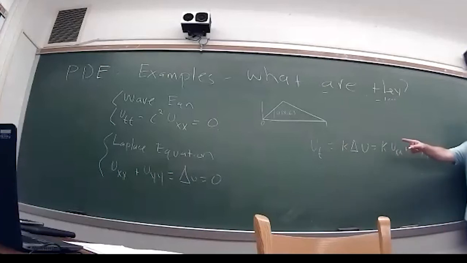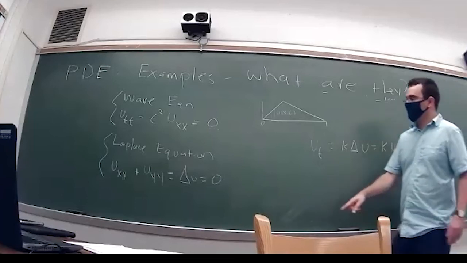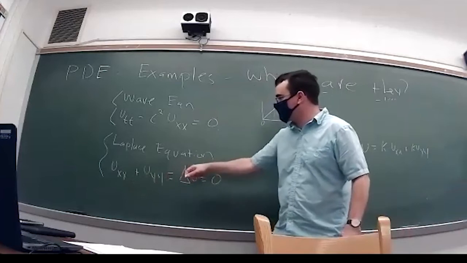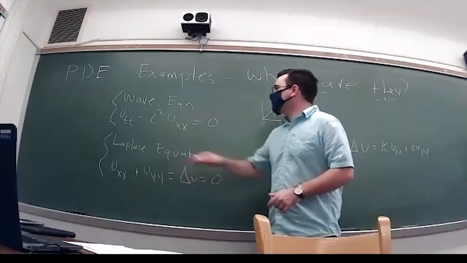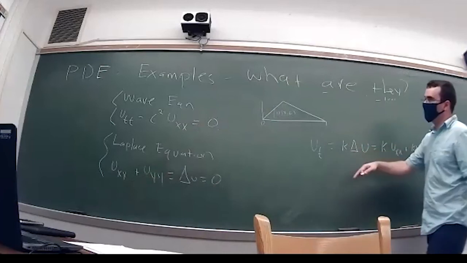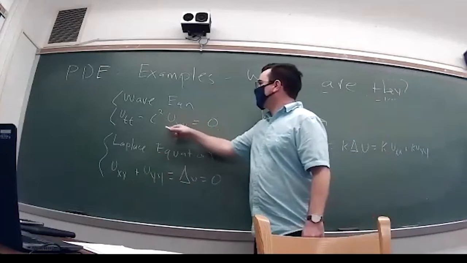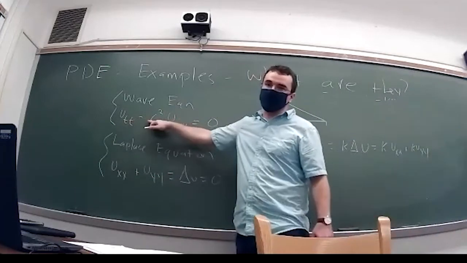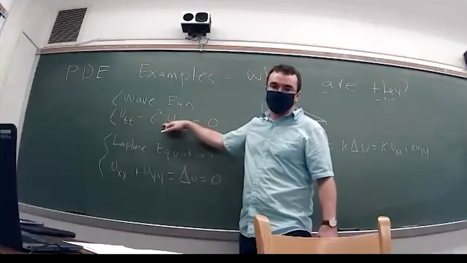All of these you can generalize to multiple spatial variables. This one you just add u_zz, u_ww, and so on and so forth. This one generalizes as follows. Or the diffusion equation generalizes like this, and the wave equation generalizes to u_tt minus c squared times the Laplacian of u.